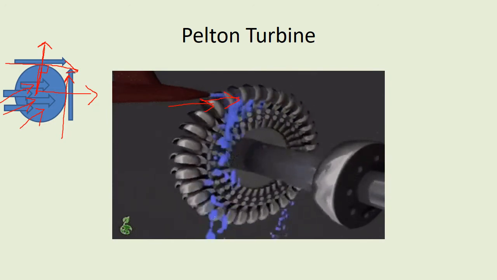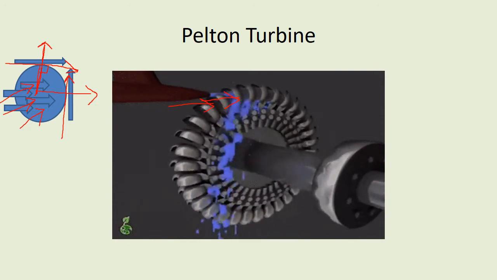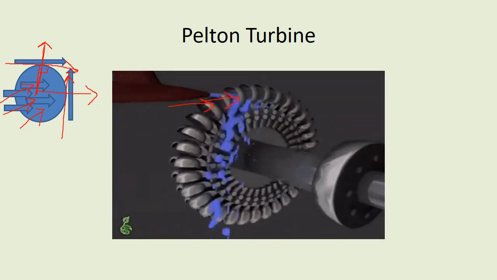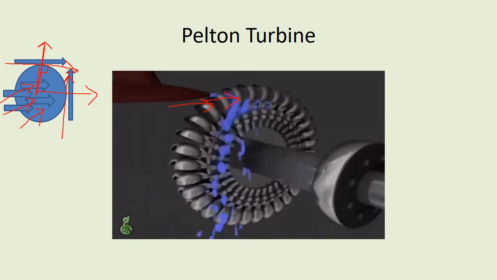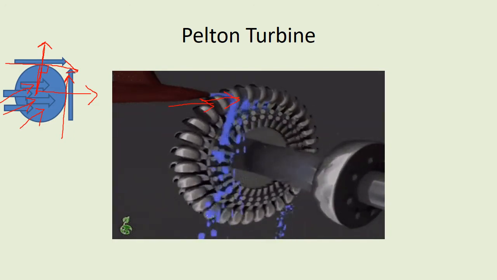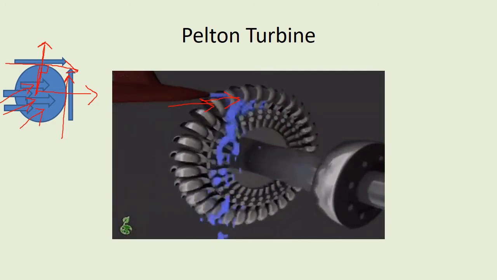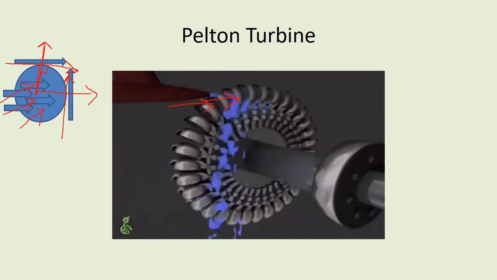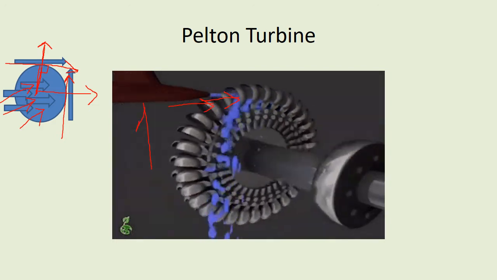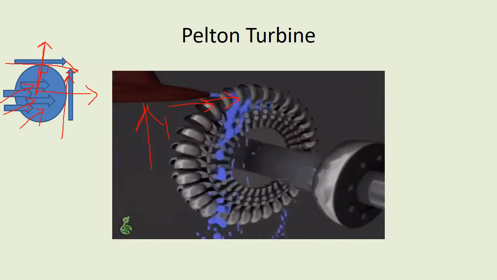It creates an impulsive force on the blades of the turbine. So this turbine will be suitable for high head, as you can see here, it is giving water from a height. So it should be high head.